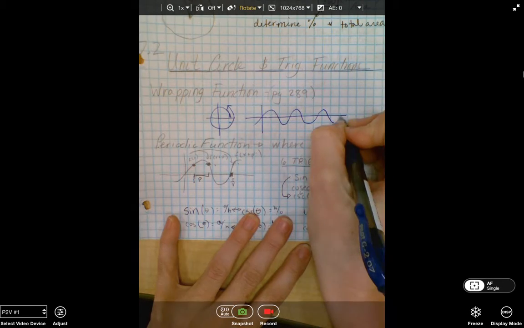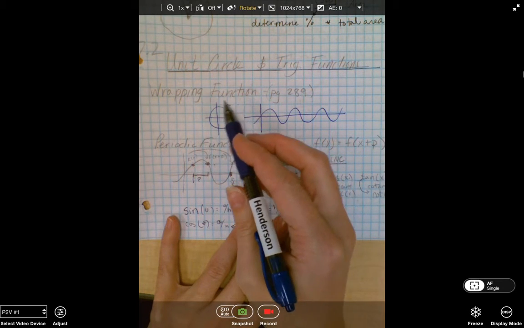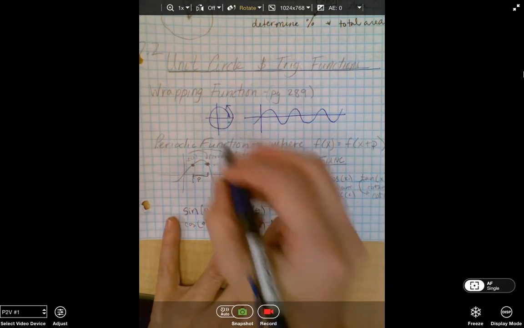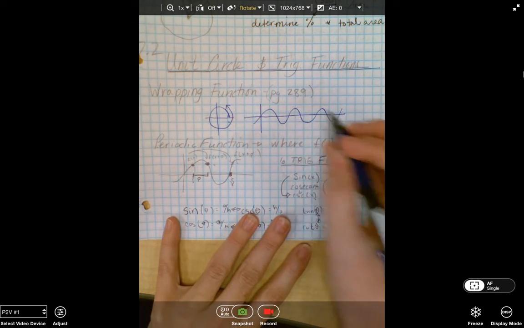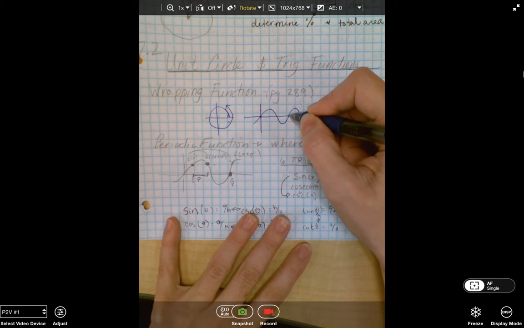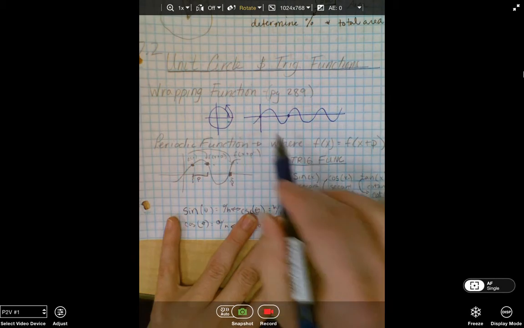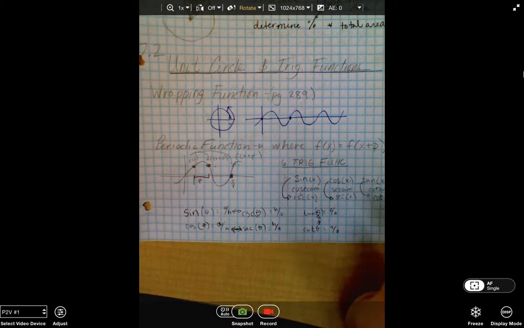Up, down, up, down. Those up, downs represent trips around the function, right? Trips around the unit circle become trips up and down. There's one right there. That's one trip around the circle, if you were talking about sine.